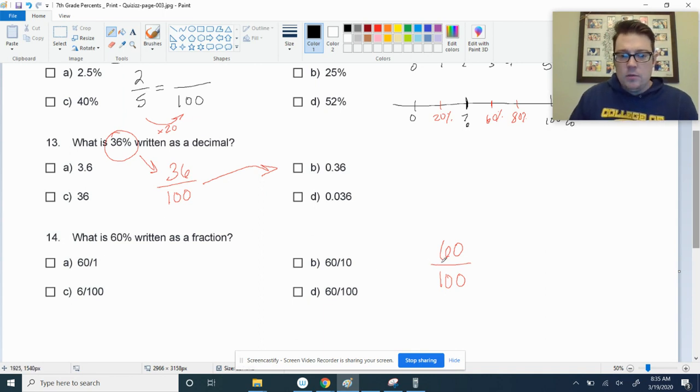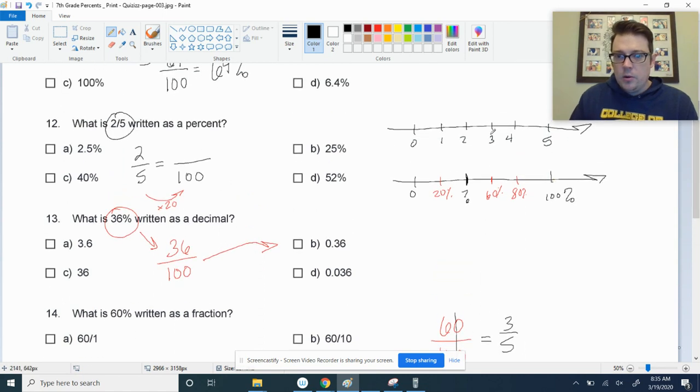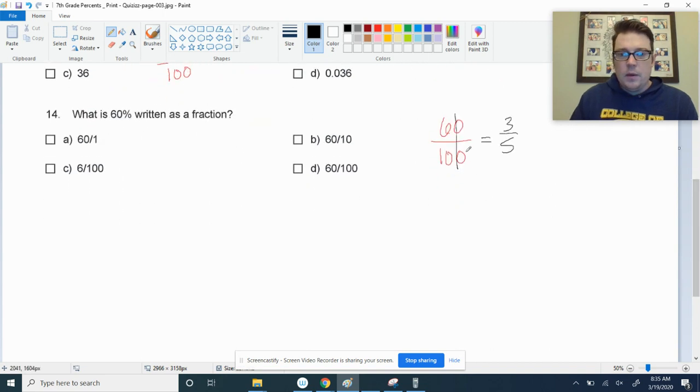They just have you select either. You could technically reduce it to 6/10, which goes down to 3/5. As we saw, it's the same up here. 3 out of 5 is 60%. But they want you to keep it in fraction form unsimplified, and so that would be D in this case, 60 hundredths.